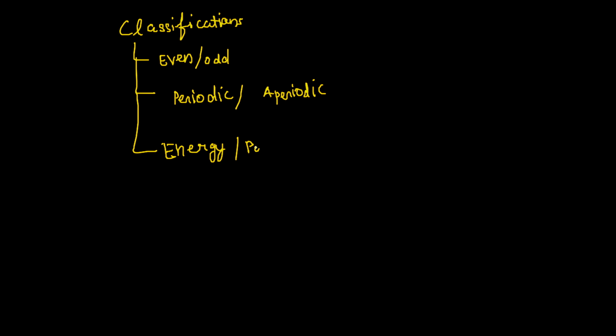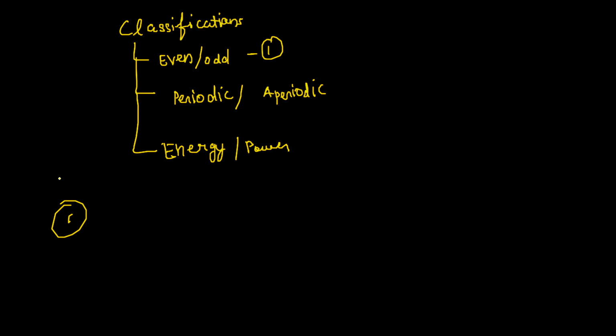The second type of classification is periodic and aperiodic. And the third one is energy and power. So let's talk about these one by one. The first one is even and odd.